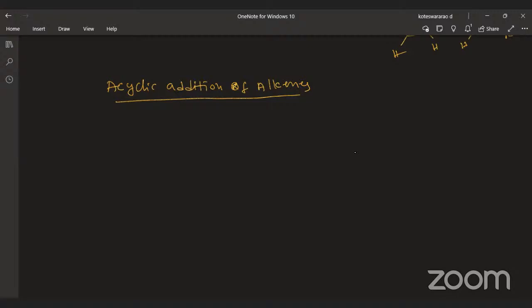For example, you take methanol. A small molecule like water, alcohol is also a neutral molecule like water. When you compare water and alcohol, alcohol is slightly acidic, but water is neutral, right?